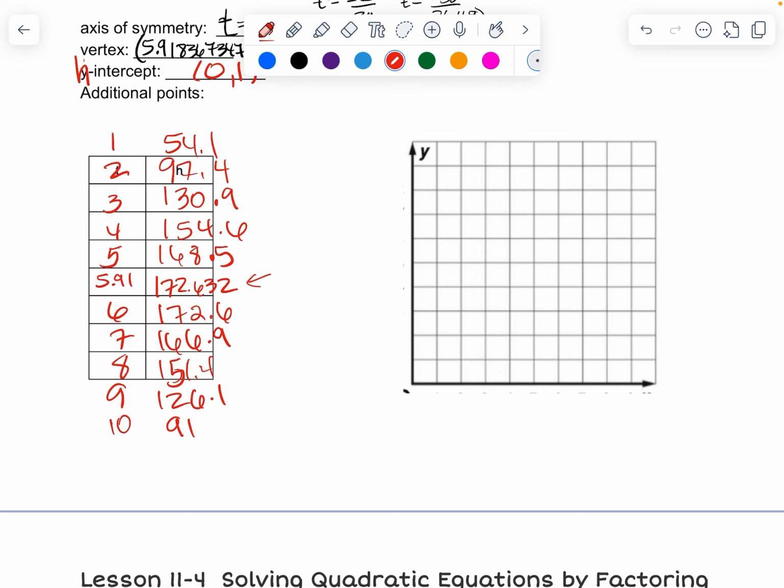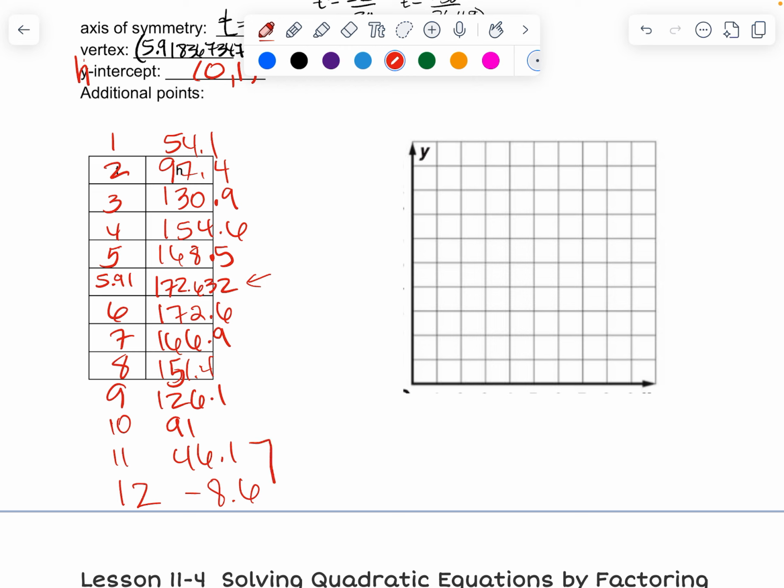I'm purposely trying to get it down to where it's 0. 11 is 46.1. 12 is negative 8.6.